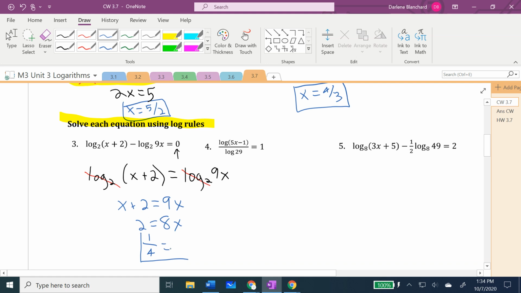And again, I'm kind of writing this a little bit quickly. But let me mention that had you seen the division property and made this log base 2 of x plus 2 divided by 9x equal to 0, what I want you to see from that is you undo this logarithm by 2 to the powering both sides. That undoes the logarithm, and what is 2 to the 0 power?